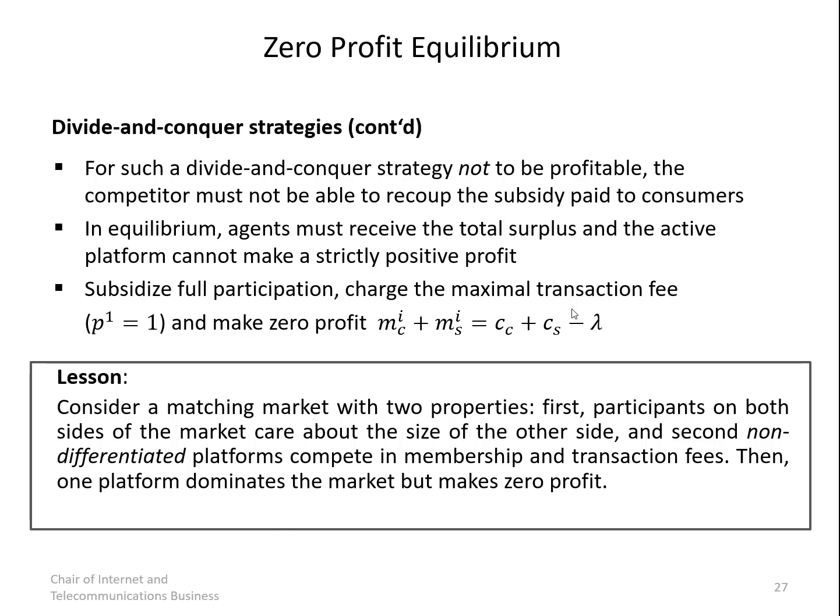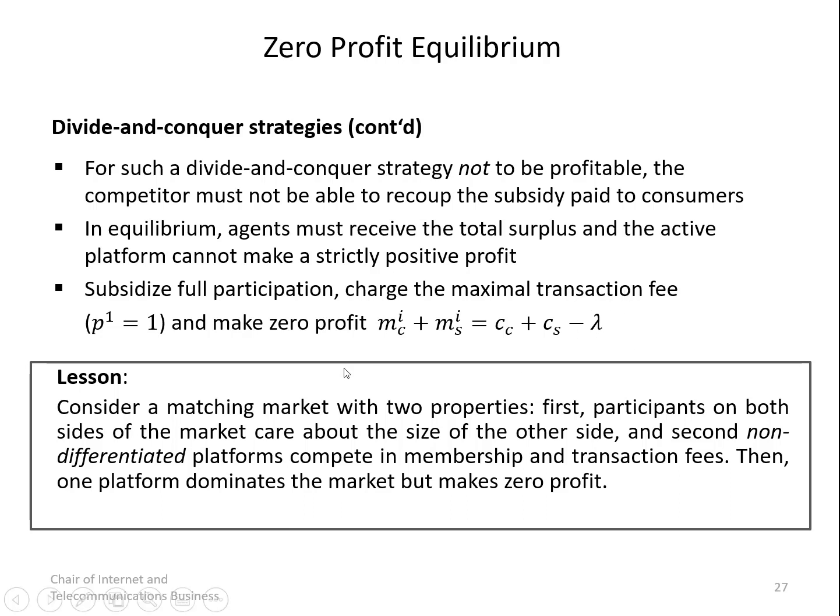So the only equilibrium for the platform is a zero profit equilibrium, where it subsidizes full participation, first by charging the maximal transaction fee and making zero profit by offering membership fees which lead to a negative value to consumers. This is the negative expected value that consumers will be getting, and this is going to be added to their surplus in a positive way. This is being subsidized to consumers.